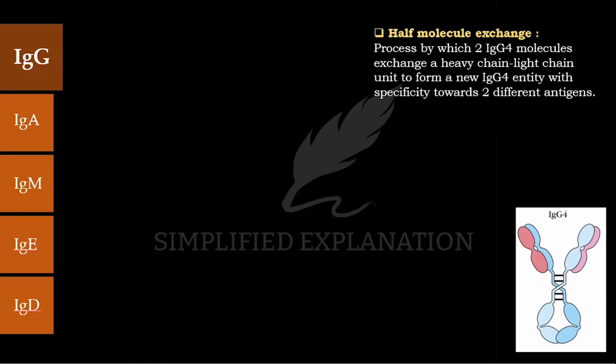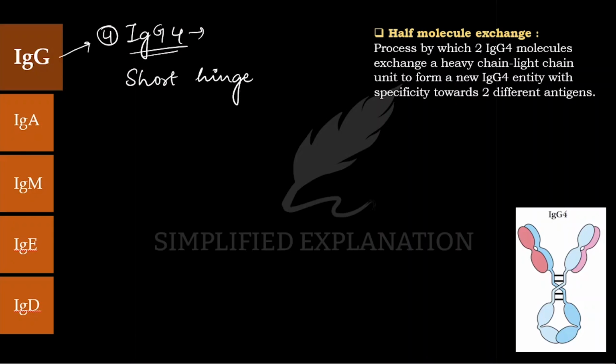Then comes IgG4, the last type of IgG. Now, if we see the structure, IgG4 also has a short hinge region and disulfide bonds.